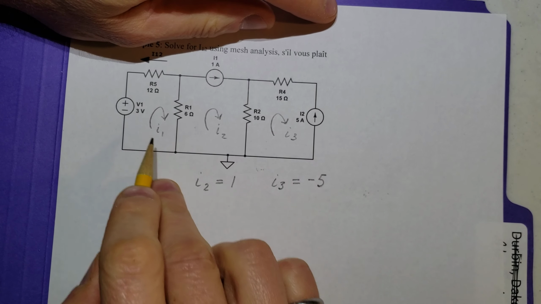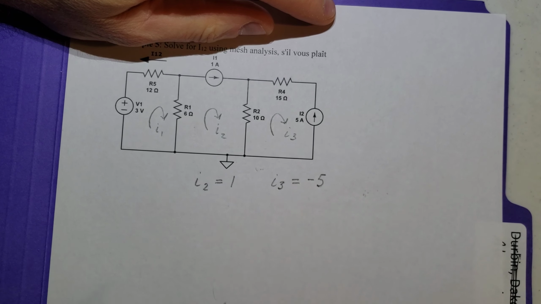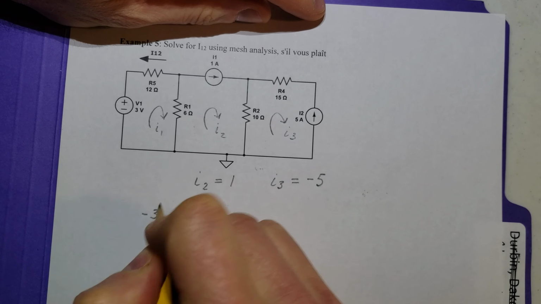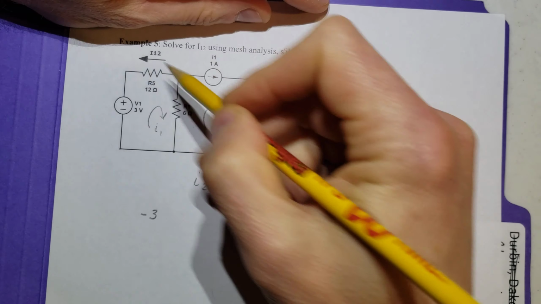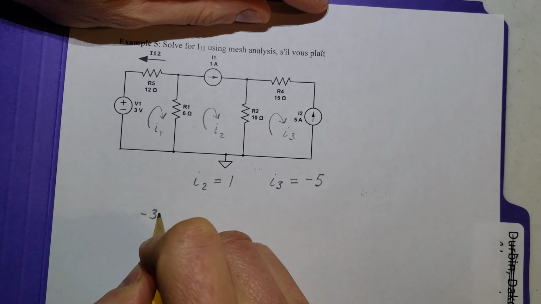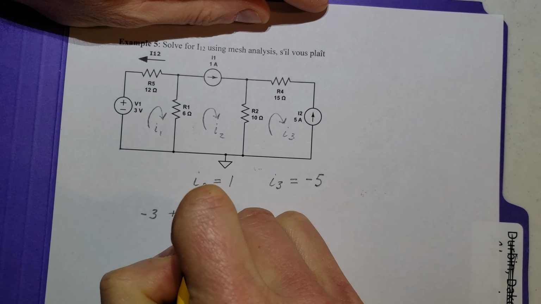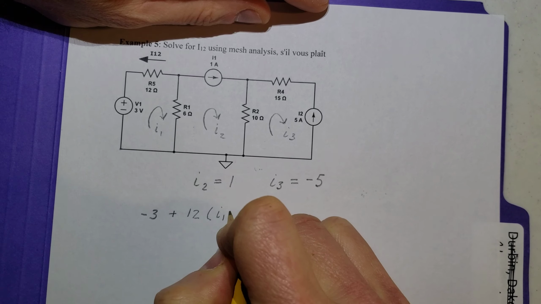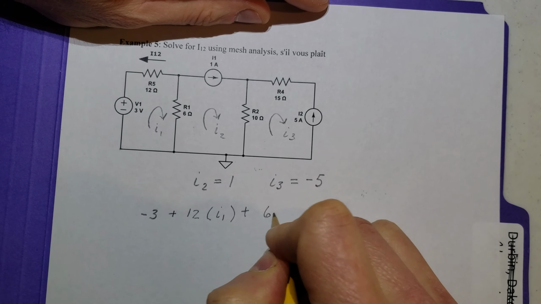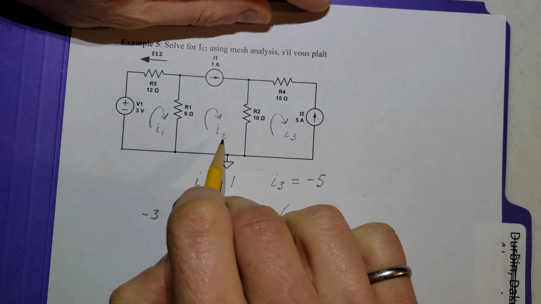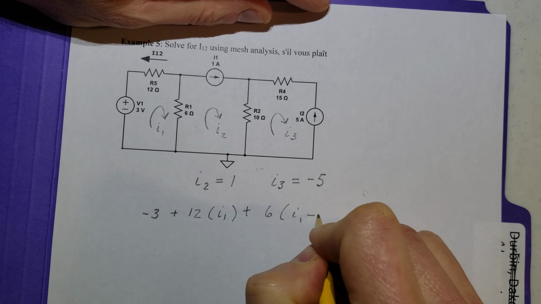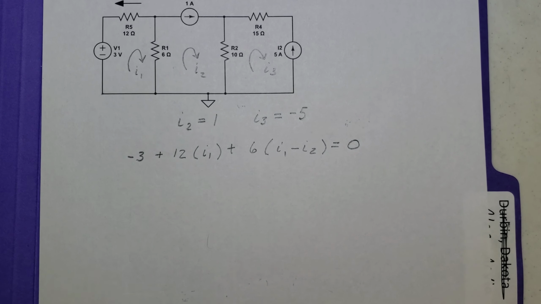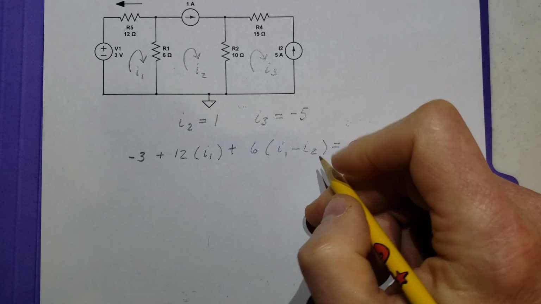Now we only have to write one equation, and we'll have one unknown, but we'll have to substitute other variables in. Let's just write the equation as we'd have it. We're going to start at the bottom here and move around. We hit a minus sign, so we do -3, and this is going to be plus 12 times I1 plus 6 times I1 minus I2 equals 0. But look at this. We already know what I2 is.